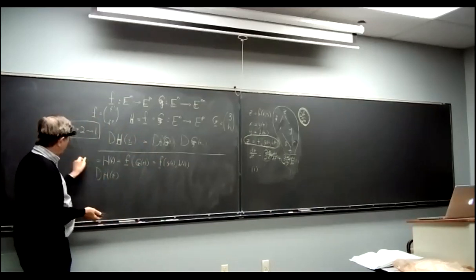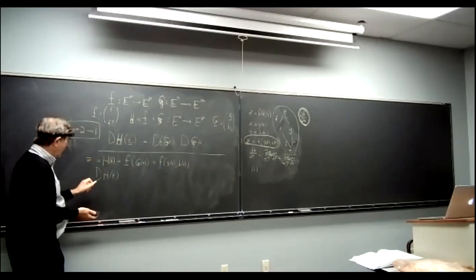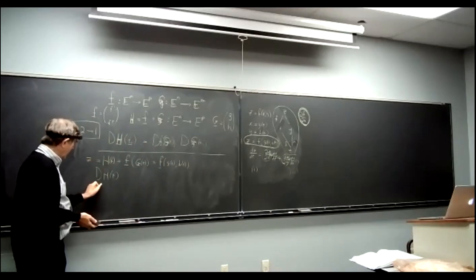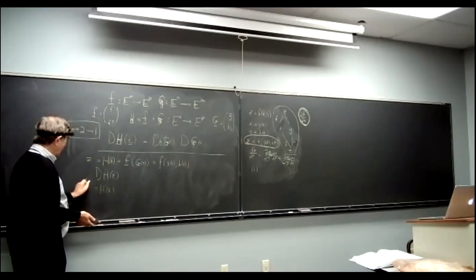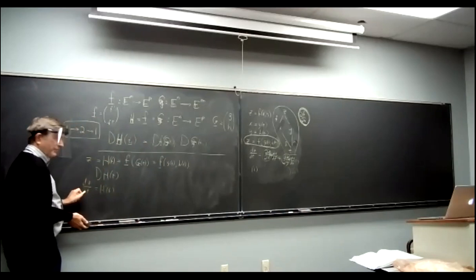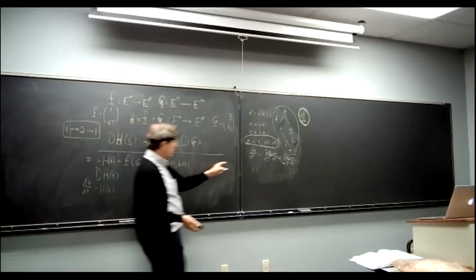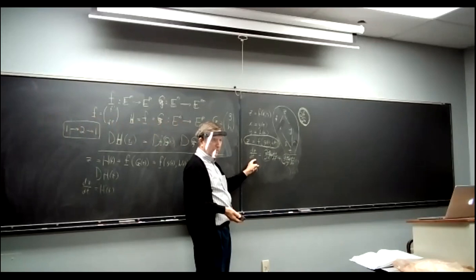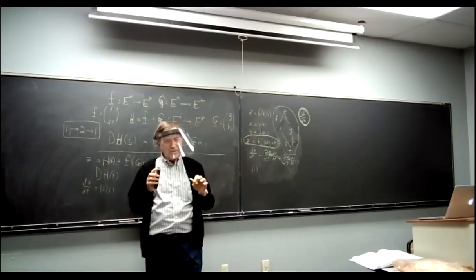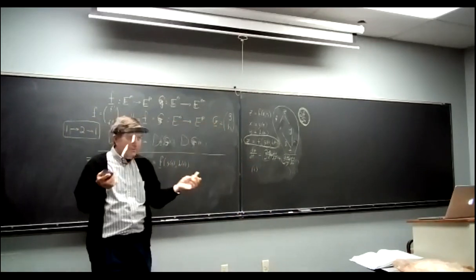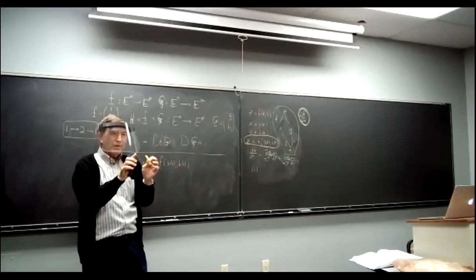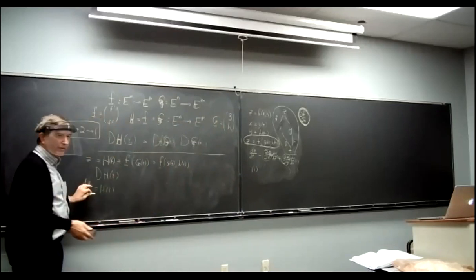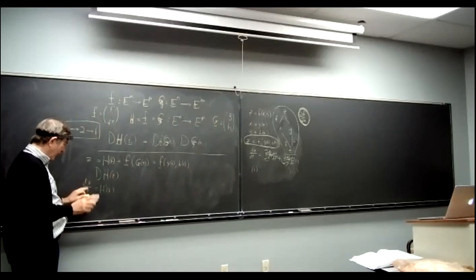Now, if Z is H of T, I would call this H prime of T, or I might call it dz dt. And that goes along with what the author is trying to get us to do. And so it breaks down, instead of an n by p matrix, n is 1 and p is 1. So a 1 by 1 matrix, that's just a regular number, a regular real valued function.